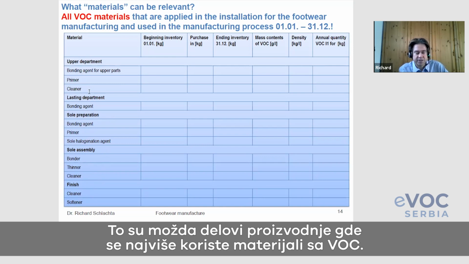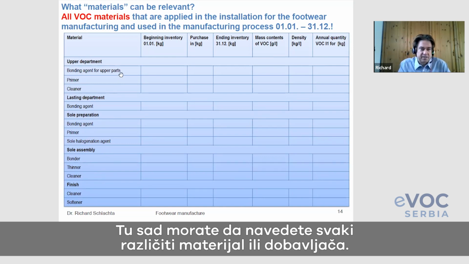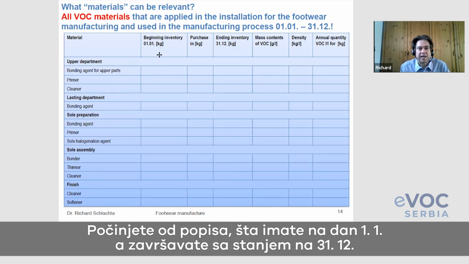VOC containing materials. And here you now have to list every different supplier or material in that list. So you start with your inventory on 1st January, what you buy, and what you then have at the end in your storage.